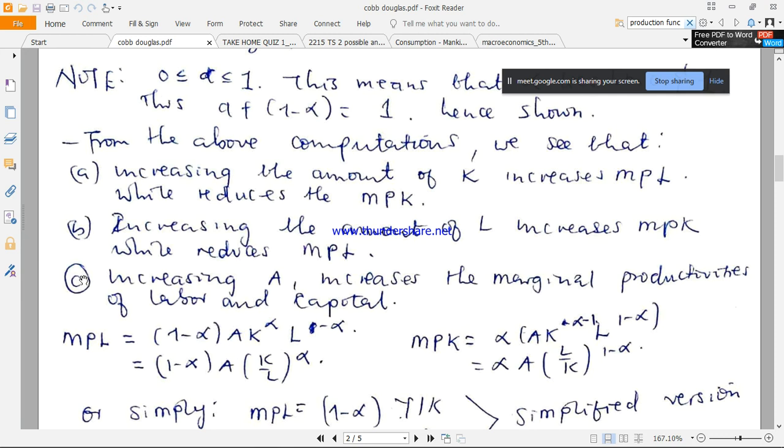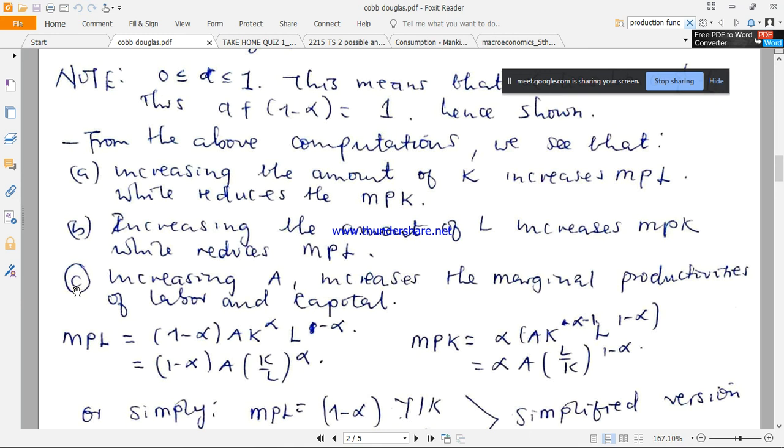Now, the last one says, if we increase the level of technology, then we're going to increase the marginal productivities of both capital and labor. Now, this one is very practical. If you increase the level of technology, then output is going to increase, no doubt about it, because you are increasing the efficiency of production.